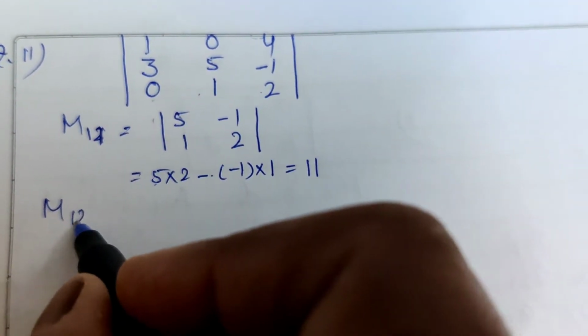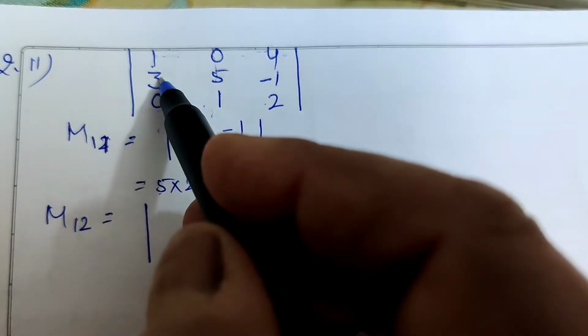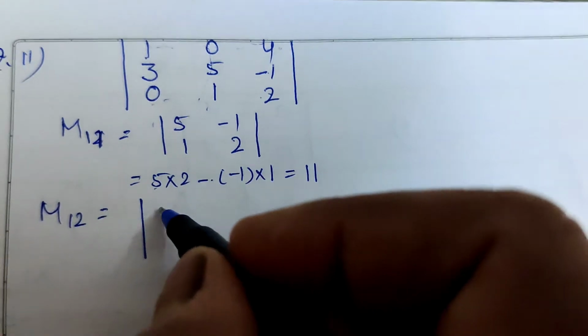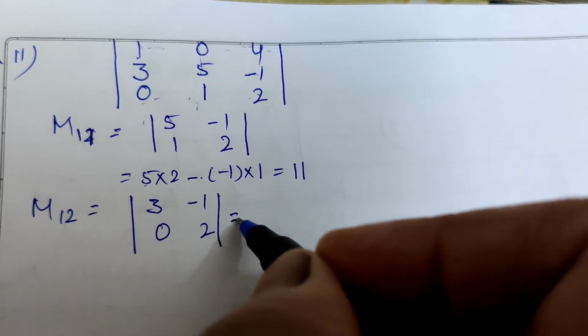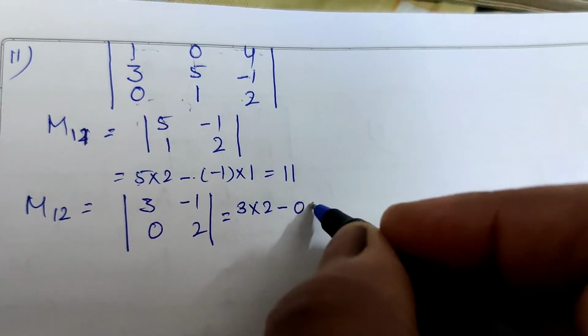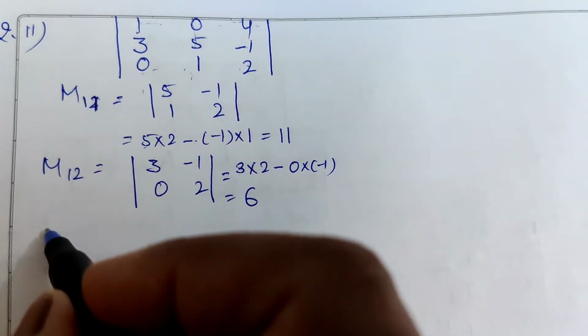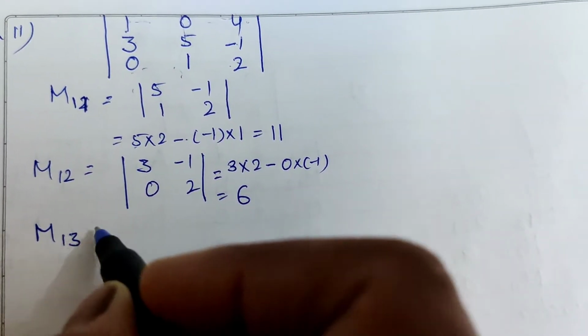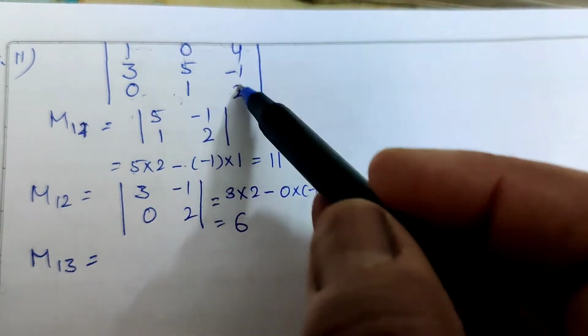Next M12. M12 is first row, second column. It is 0 1, 4 2. It is equal to 0 into 2 minus 1 into 4. Hmm, M12 is 6. And M13, minor of A13. First row, third column.